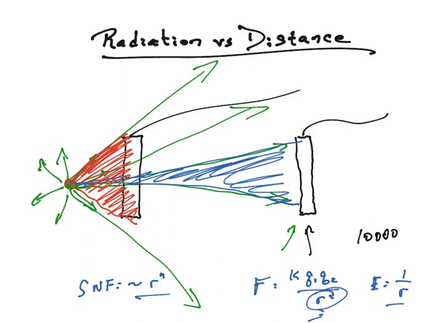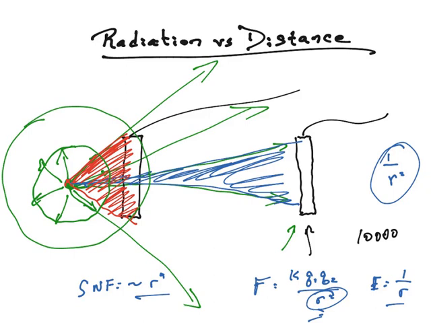What you will find is that you should get a 1 over r squared type relationship. The reason you get a 1 over r squared type relationship is because what you have is a sphere of radiation coming out, getting bigger and bigger.